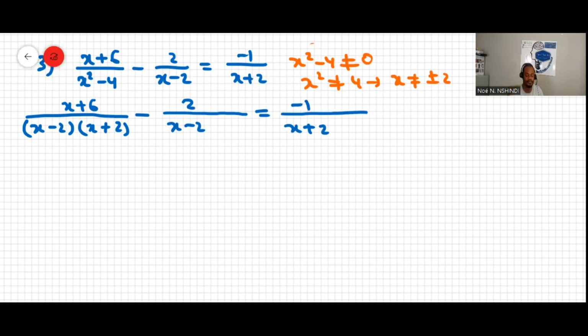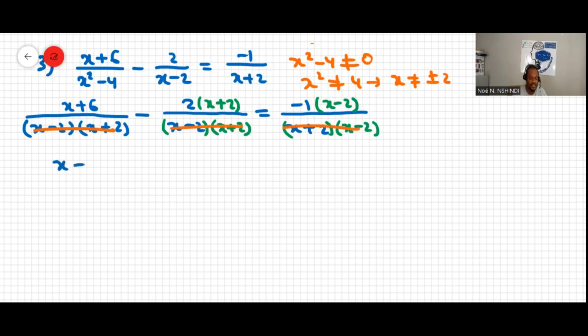Now we can continue the calculations. I need to make the denominator common, so I say plus x plus 2 here, and then I must also multiply by x plus 2 there, by x minus 2 there, and also by x minus 2 there. Now that the denominators are common, we can just drop the denominator and consider the numerator.